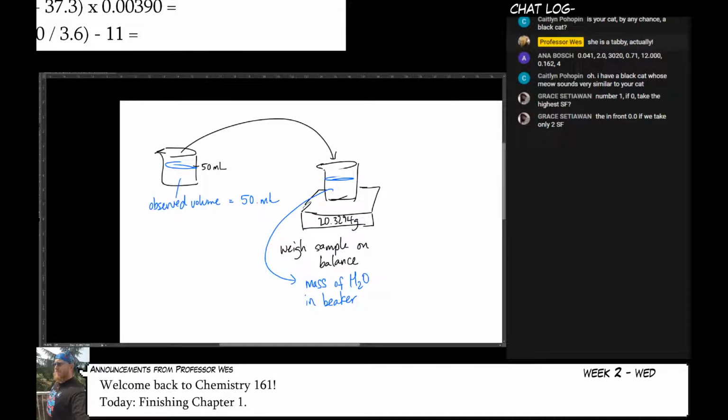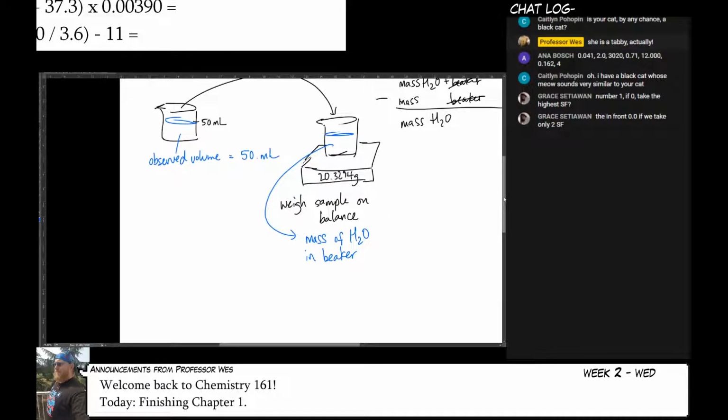If you know the mass of the water and the beaker, and then you weighed it before with just the beaker, if you subtract, those would cancel out, and you'd be left with just the mass of the water. But I don't want to draw all of those steps, so we'll leave it that way.